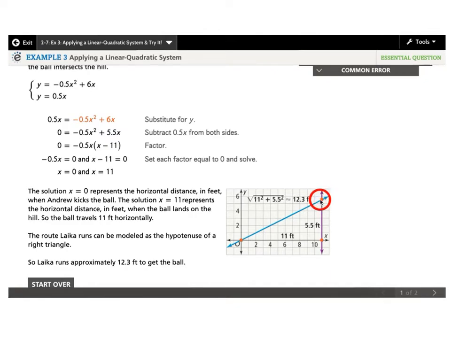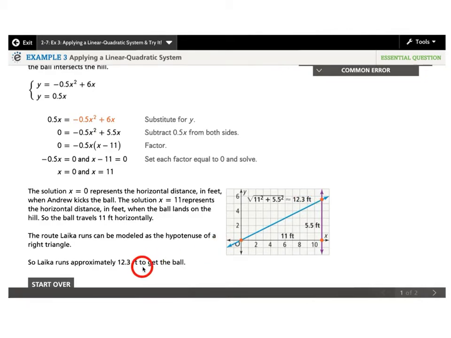But if I want to know how far the dog is traveling, I'm really asking for the length of the hypotenuse in this right triangle. That's why I use the Pythagorean theorem, where I do 11 squared plus 5.5 squared, and then I take the square root, and that's how I come up with 12.3 feet.